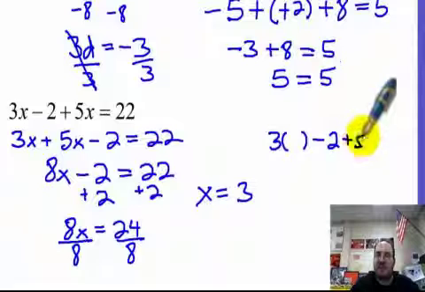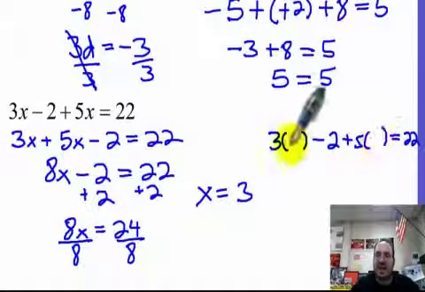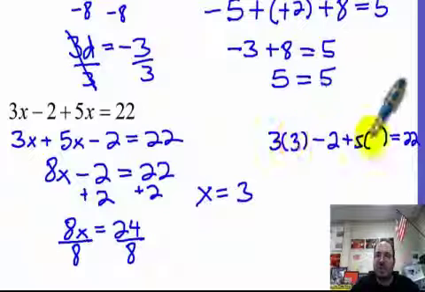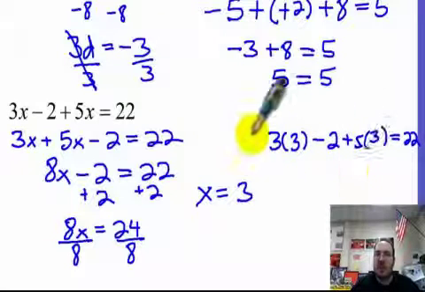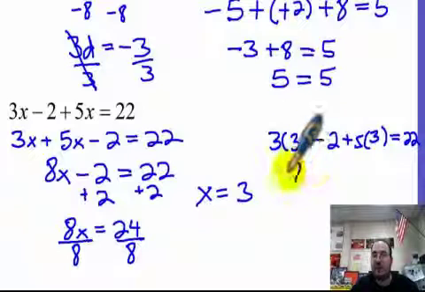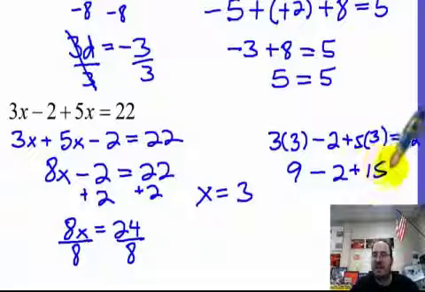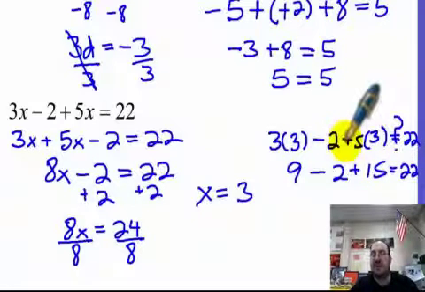And I'm just going to leave a space everywhere that I had an x. And in that space, I'm going to plug in a 3. So here and here. And then I start to use order of operations. So I want to multiply first, so I get 9 minus 2. And I'm going to multiply that, I get 15. And I put a question mark here at the equal sign because I don't know if they're equal.